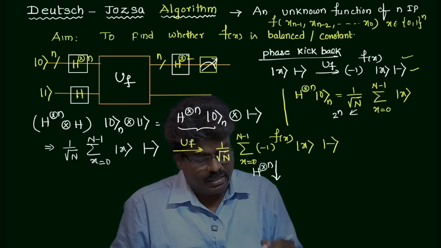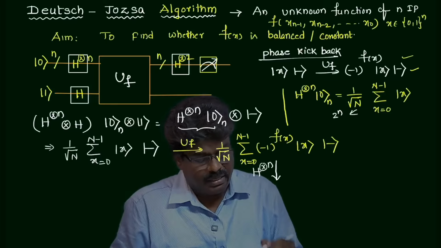Fine, but this is the summation from 0 to n minus 1, so total n numbers are there. That's why it will be 1 over n. If c is equal to 0, you will get a plus n. If c equal to 1, you will get a minus n. That's why it is plus or minus n. So you will get plus or minus 1.